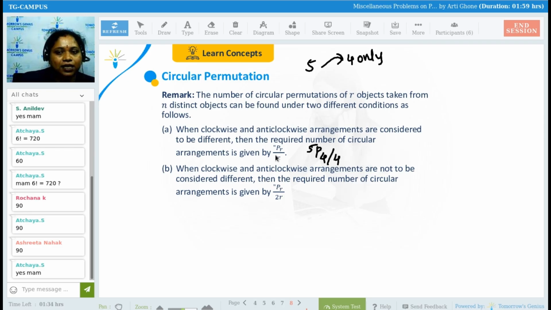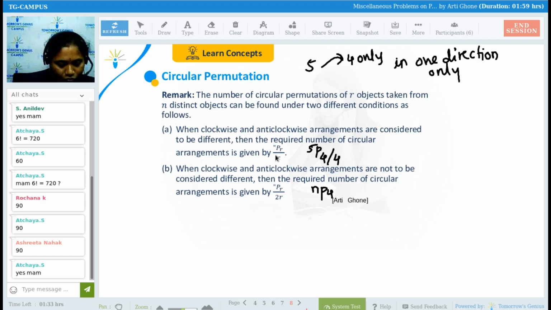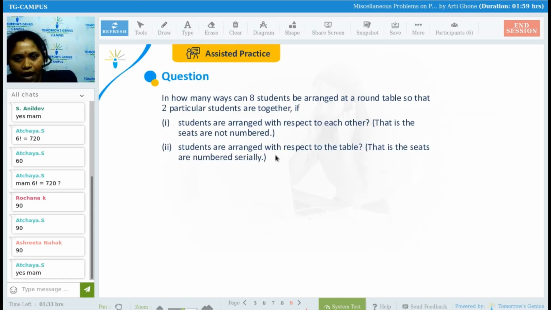And when they tell you in one direction only, attached to the question, if one direction is mentioned, then it is nPr, that is 5P4 upon 2 into 4. Understood the difference between the two? Only one word is changing the formula. This is in the case when n and r are not equal, r is less than n. Then these two cases will be applicable.